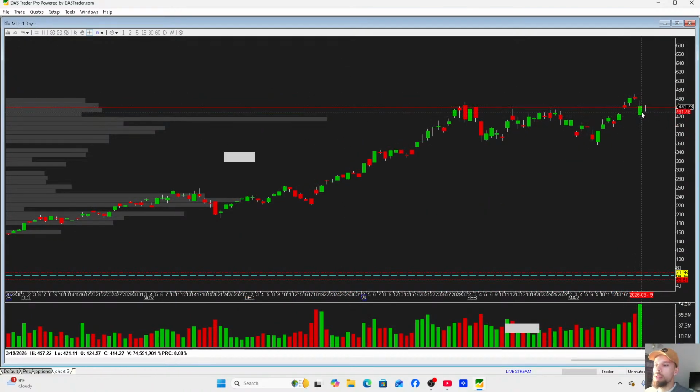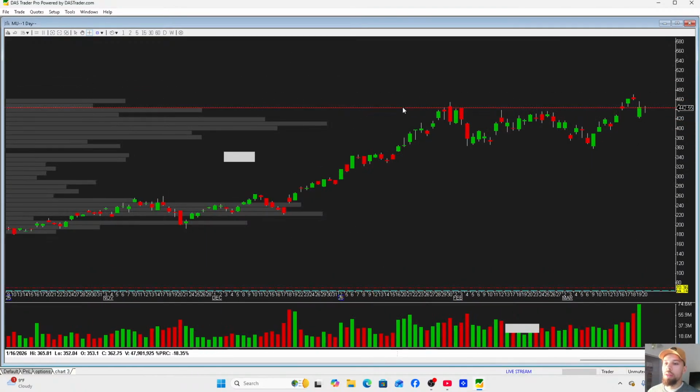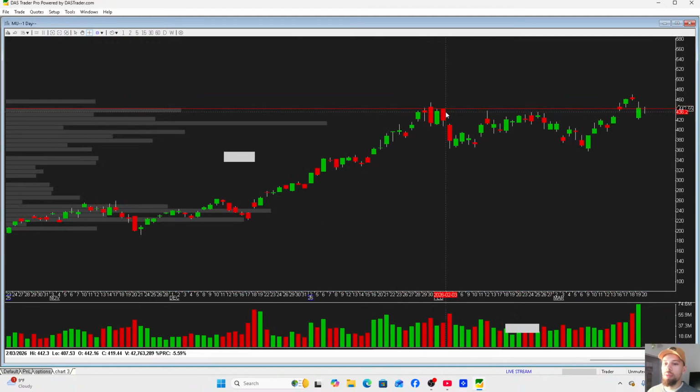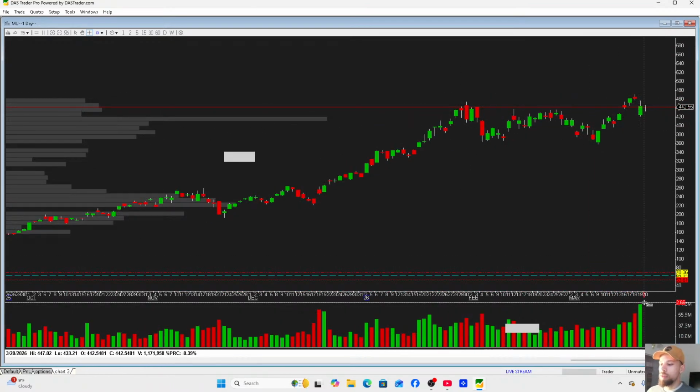Nonetheless, it gapped down, but had a green day in terms of opening price to closing price, but still red on the day. So right now it's pretty much testing that previous all-time high before it finally broke out. Lots of volume here from yesterday's candle.